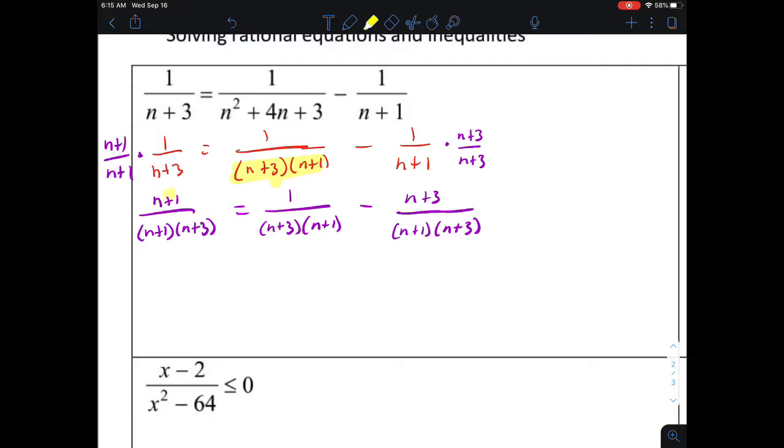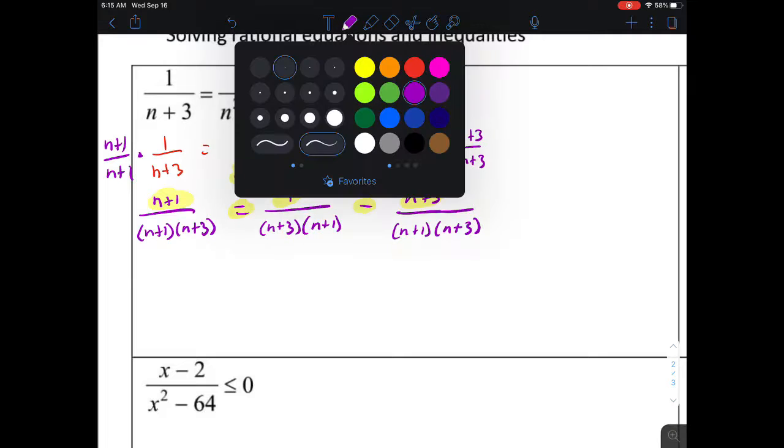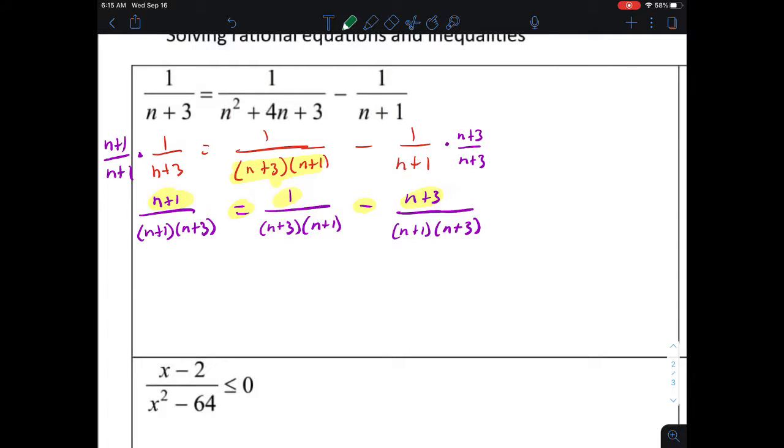Now, since everything has the same denominator, we're going to work with only the numerators to solve. So we'll have n plus 1 equals 1 minus n plus 3, and solve for n.